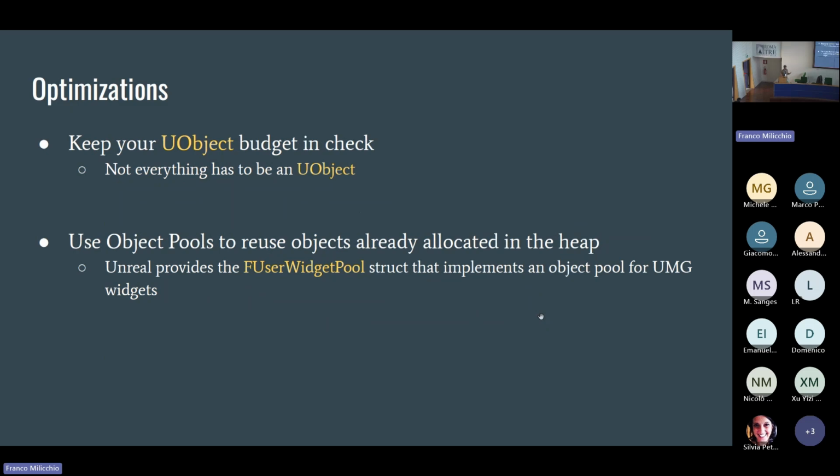You should keep your UObject budget in check. Of course, this is not always possible because from what I saw working in AAA games, when you have games like open world, but even a fighting game like Mortal Kombat, when you enter inside a match, you have millions of objects allocated.